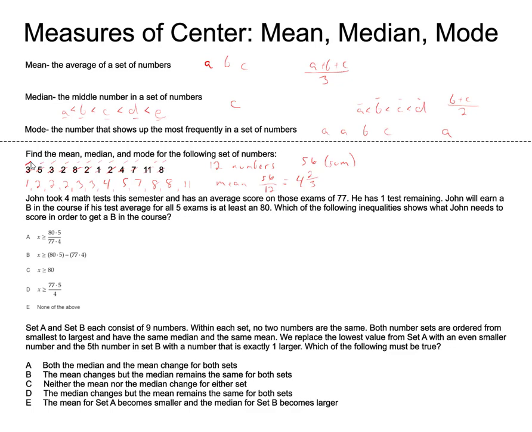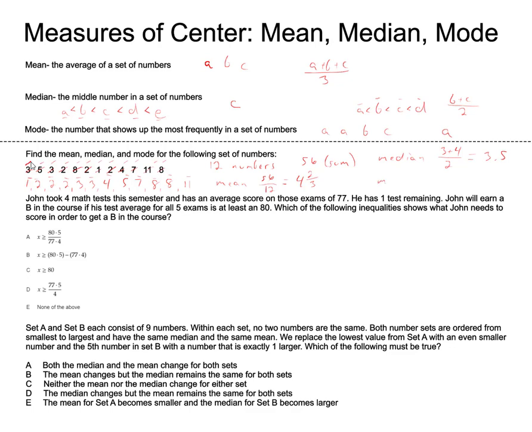We have 12 numbers, so we should count from the bottom 6 and from the top 6. So 1, 2, 3, 4, 5, 6, and 1, 2, 3, 4, 5, 6. So the median is going to be 3 plus 4 over 2, or 3.5.